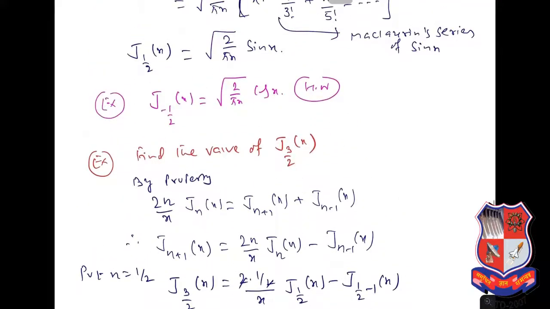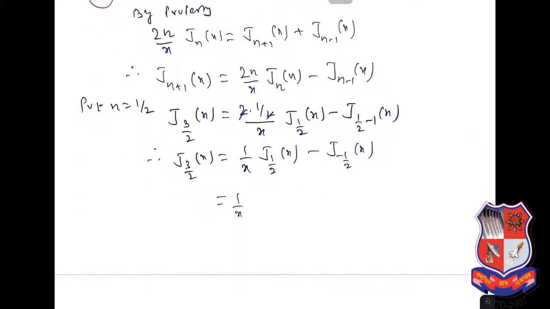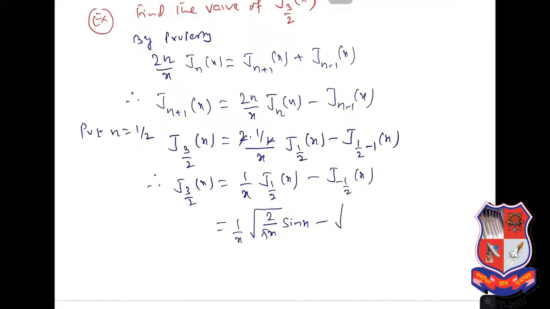Now j 1 by 2 x is this much, root 2 upon pi x sin x, so root 2 over pi x sin x, j minus 1 by 2 x root 2 over pi x cos x.